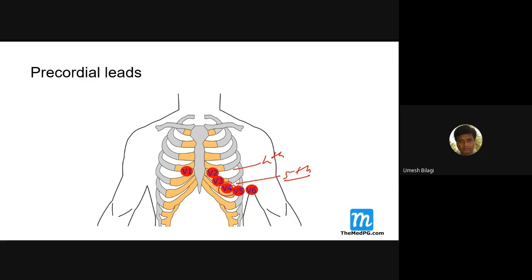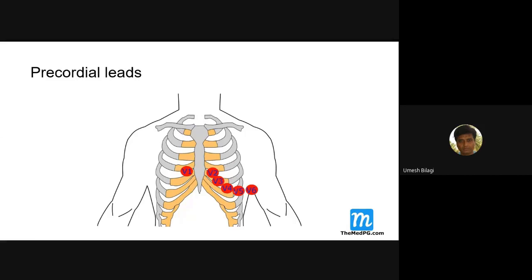V4 is placed in the mid clavicular line. This is the mid clavicular line. In the fifth intercostal space is V4. V3 lead is in between V2 and V4. Between these two, we get V3.